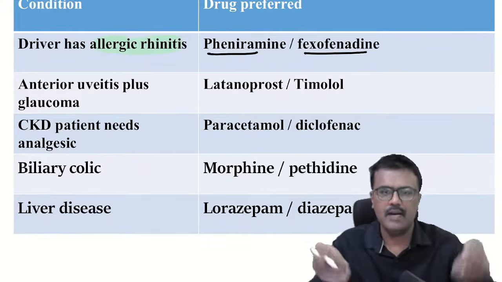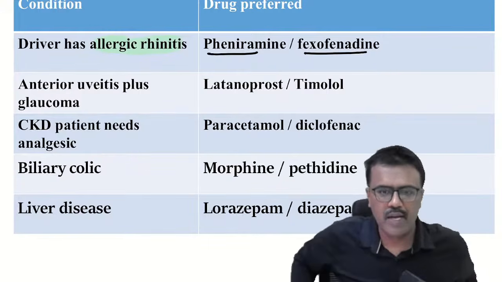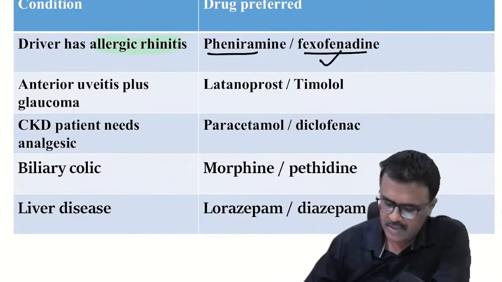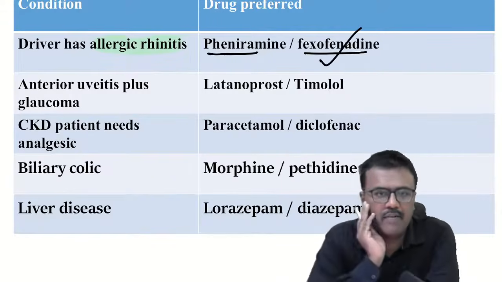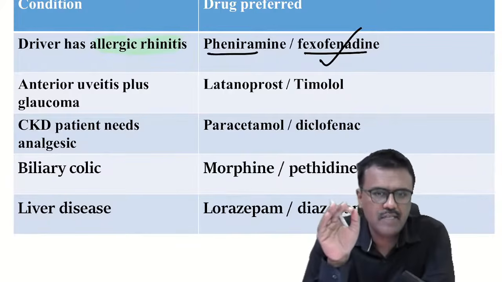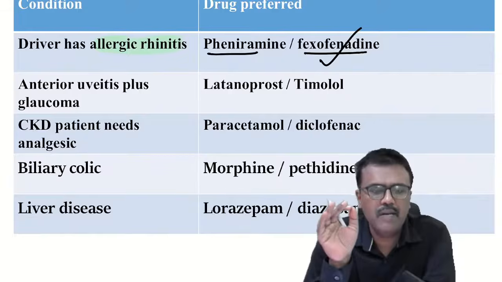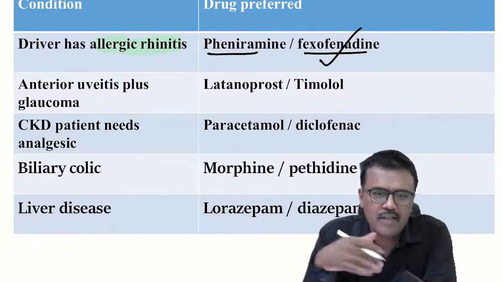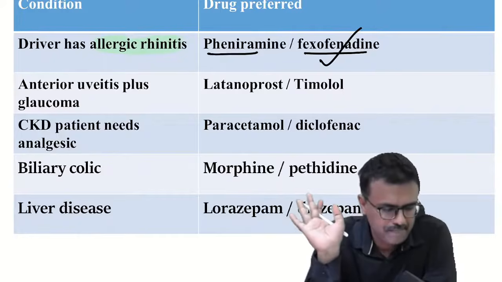A driver requires alertness while driving, so I have to give an antihistamine which doesn't cross the blood-brain barrier. That is a 2nd generation antihistamine I will prefer. Why not pheniramine? It's a 1st generation antihistamine which crosses the blood-brain barrier and causes sedation. And you know, if a driver sleeps while driving, he will make others sleep permanently. That's why.